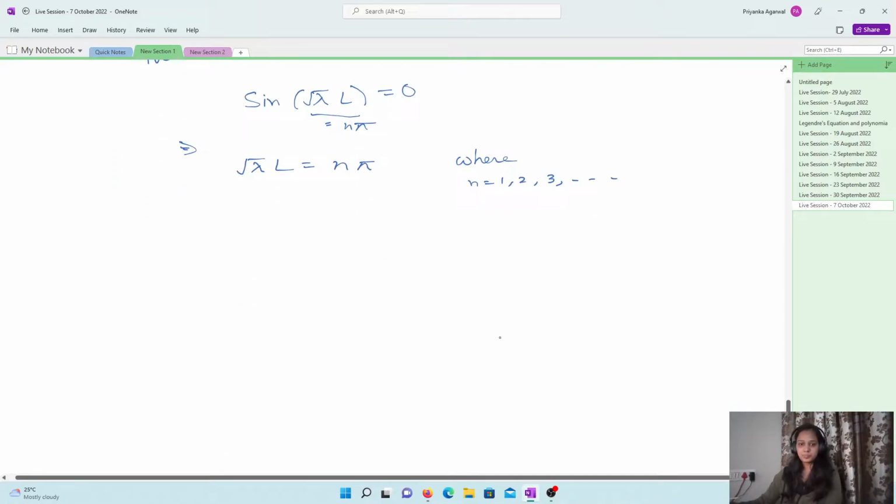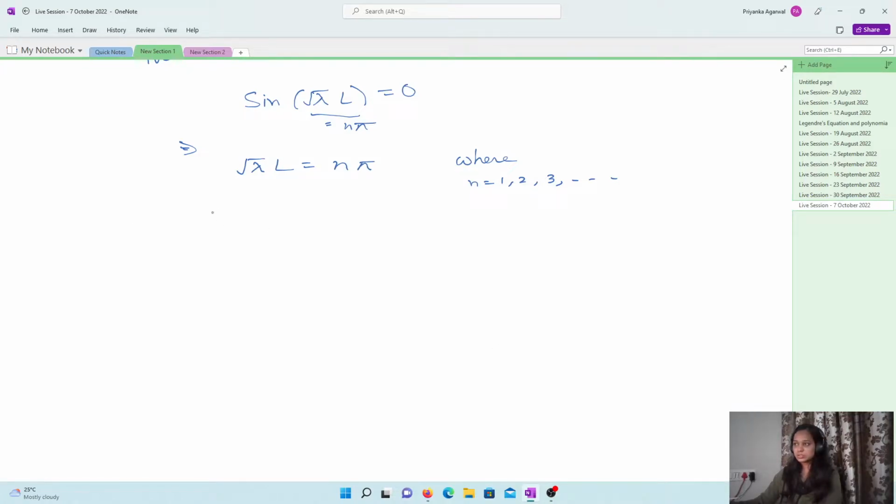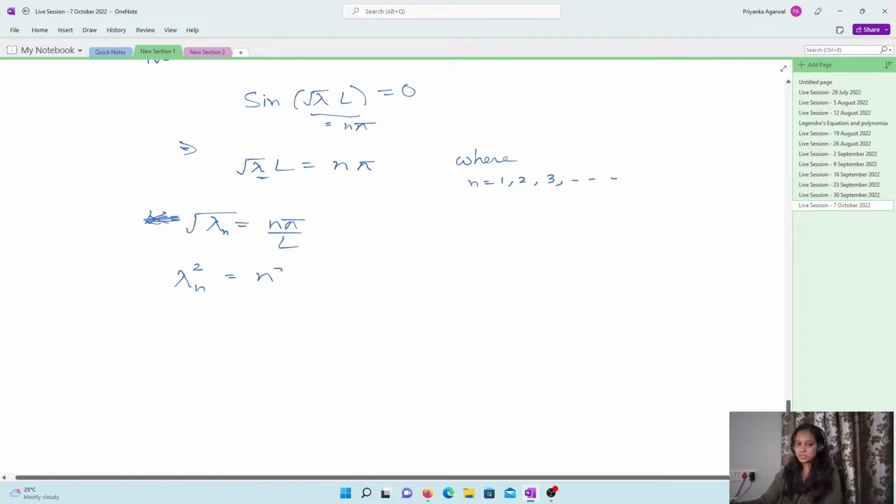Okay, so this is the solution in this case. The lambda is the eigenvalue. So we can write root lambda equals n pi by L. So lambda n squared can be n square pi square over L square.